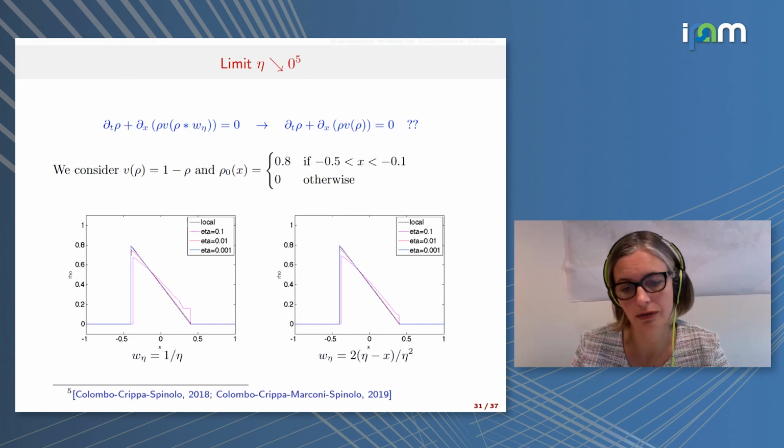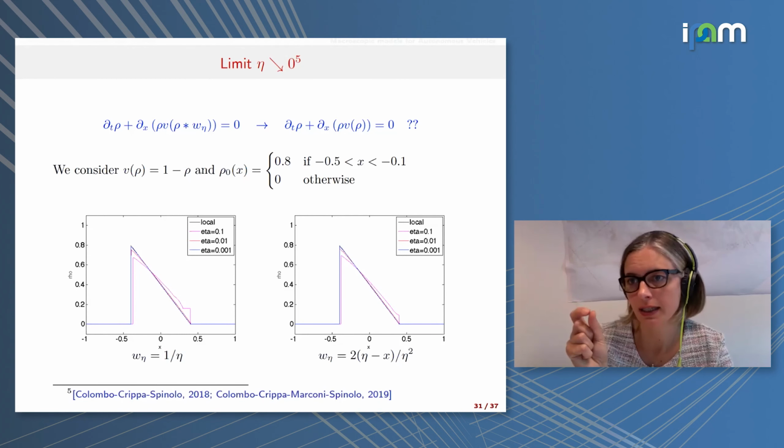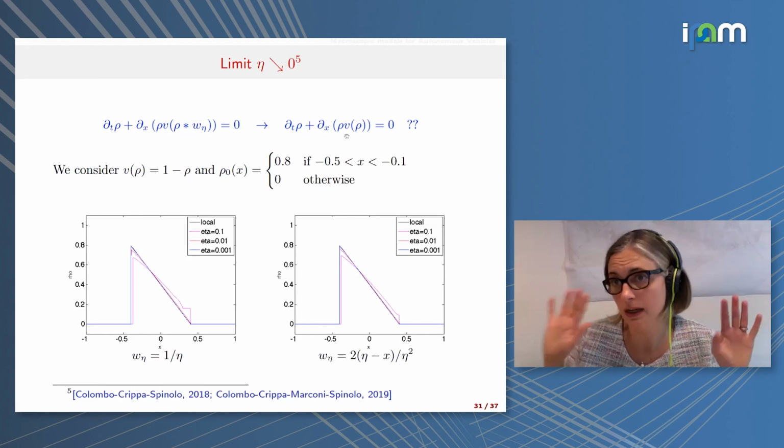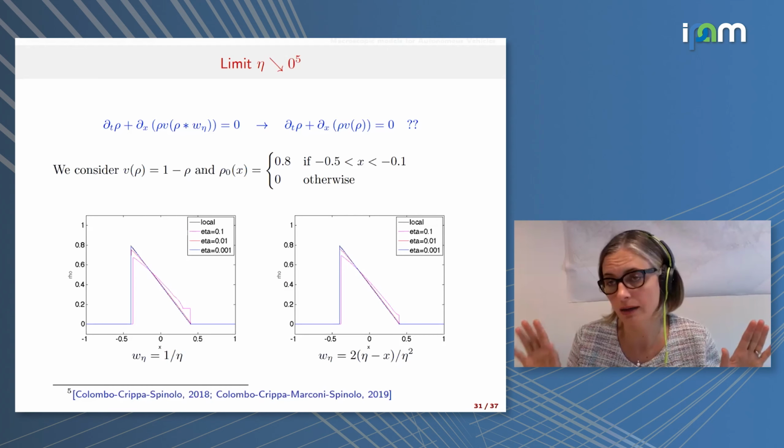Then, of course, one may wonder what happens if we shrink the kernel to zero, so to a Dirac delta, the horizon eta going to zero. At least formally, it's quite clear that it converges to the classical LWR model.